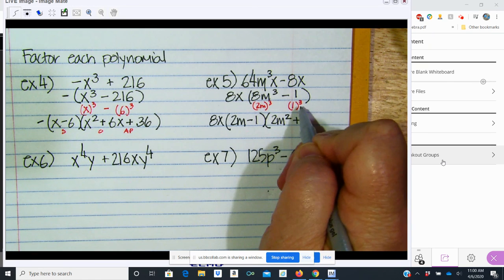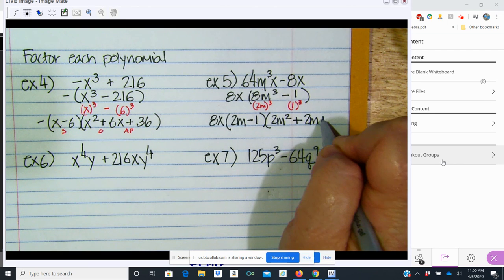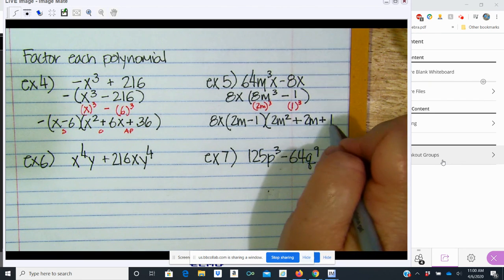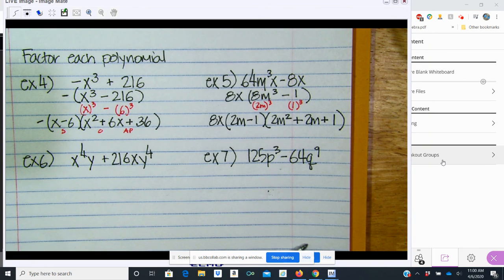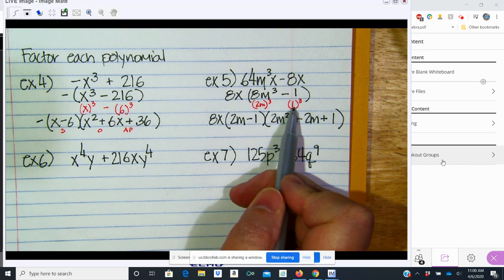The first times the last, always positive, last squared. The last cube root squared.